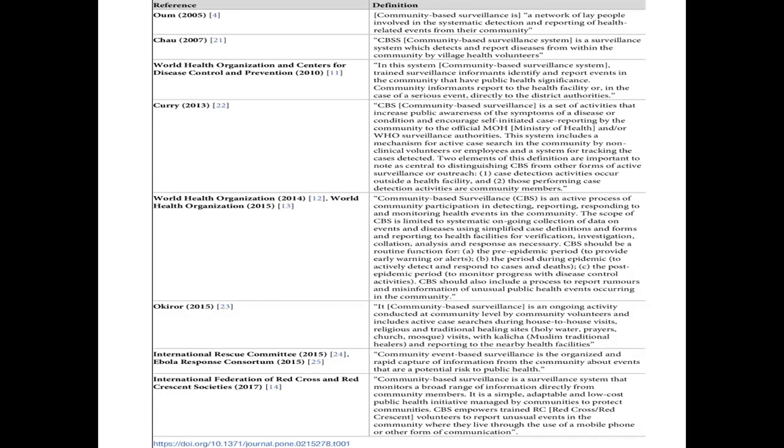Unfortunately, we can't see it clearly, but you can see it clearly in the PowerPoint presentation on your laptop or computer. So over time, the definition of community-based surveillance has evolved. This scoping review was just based on a definition and how this definition changed with time. Okay, that's all. Let's continue.